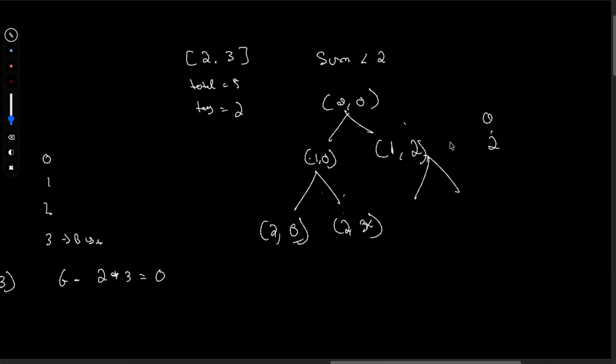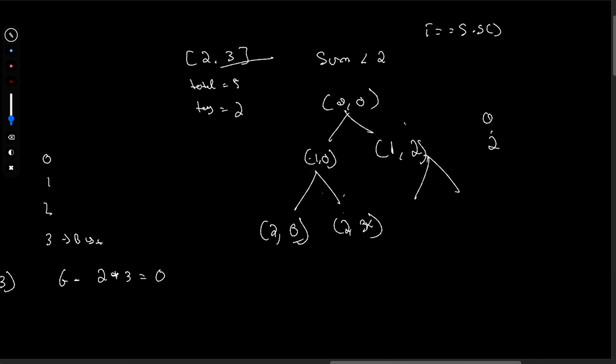So when does recursion stop? When no stones are left. That means I is equal to stone dot size, so we return current sum. This was a base case.